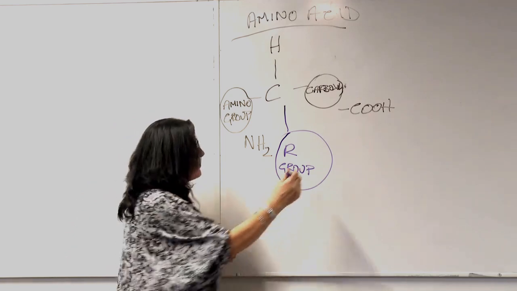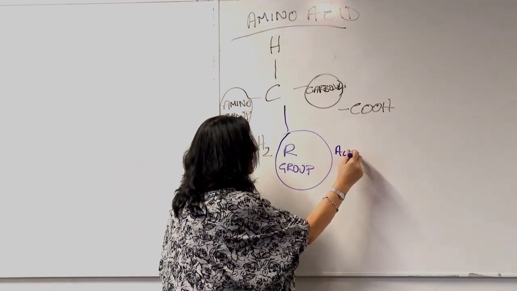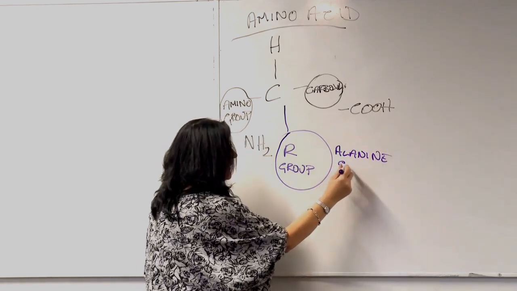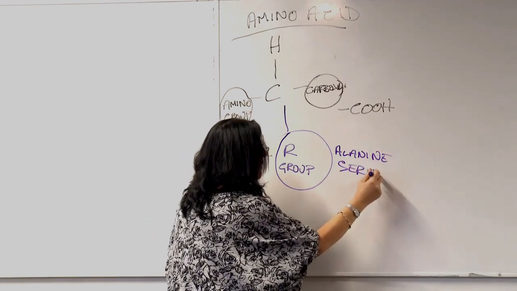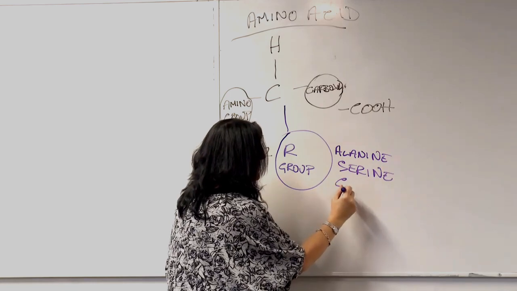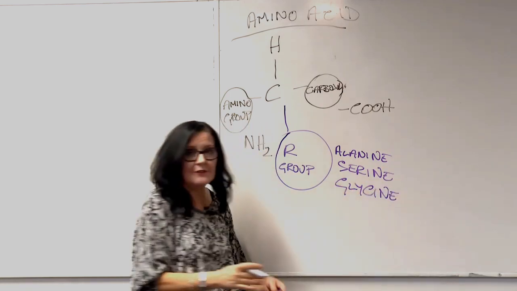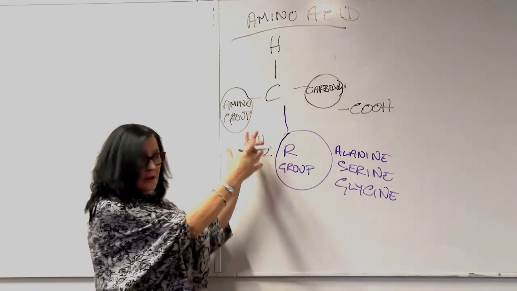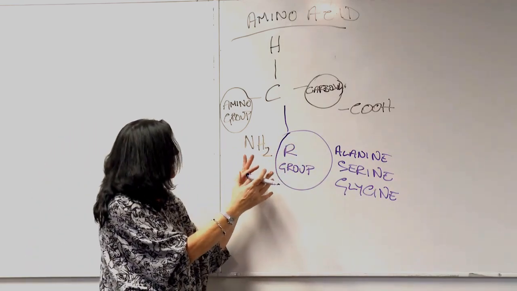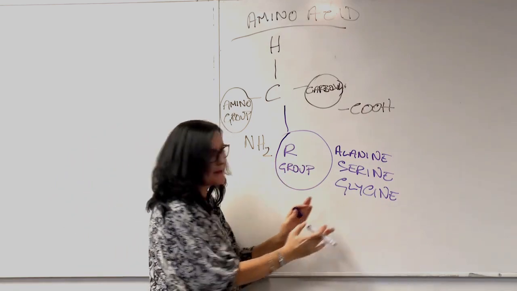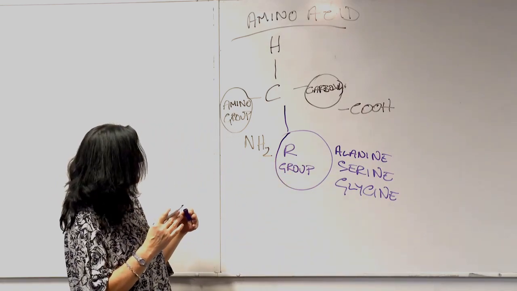So it might be something like alanine, serine, glycine, any of them you'd care to mention. This R group is what specifically makes that amino acid.